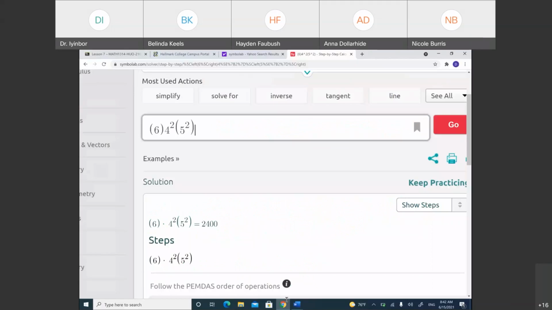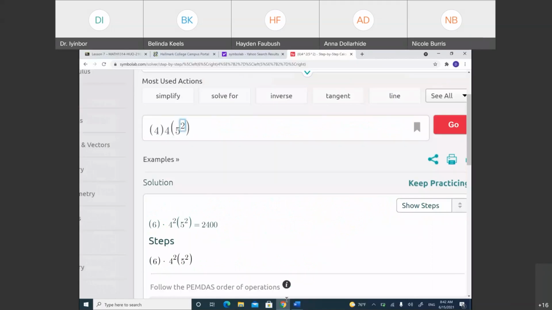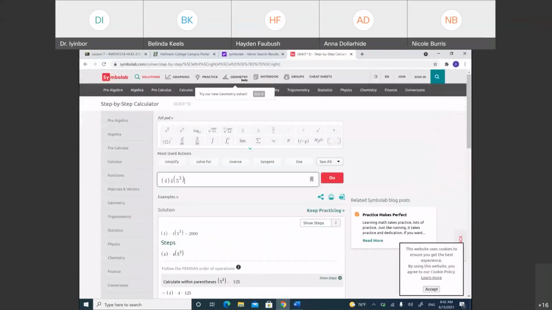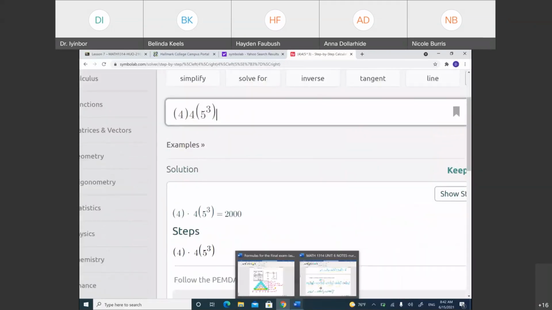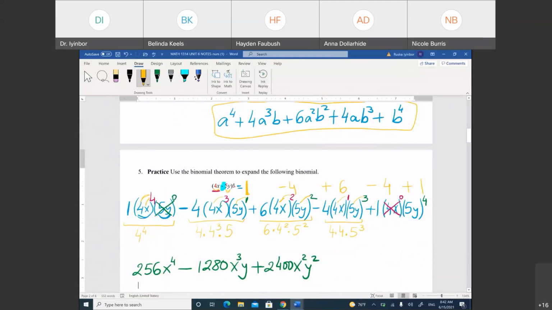So I have 4 times 4, just 4, times 5 cubed. And the answer is 2,000. Okay? So we have 2,000, so it's minus 2,000.